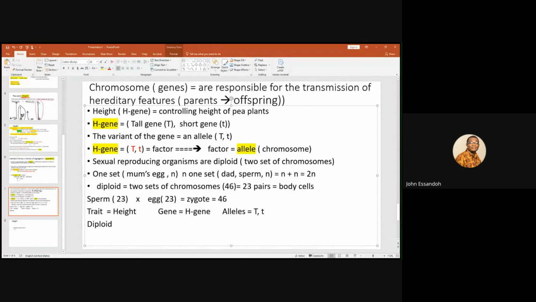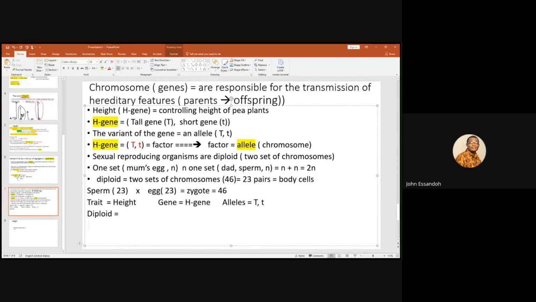So some individuals will have capital T, capital T. And we also know that the tall allele is dominant.